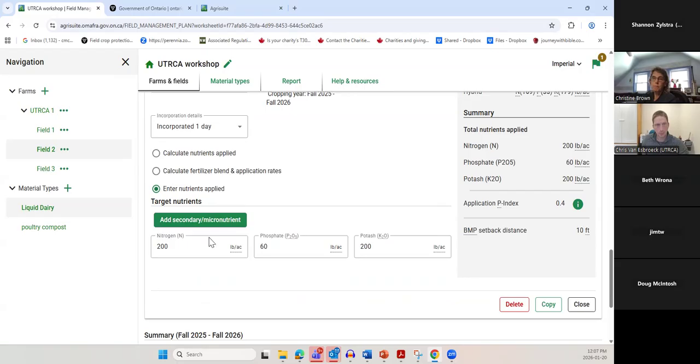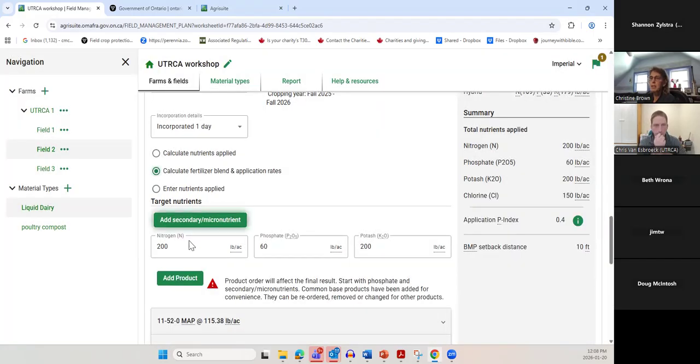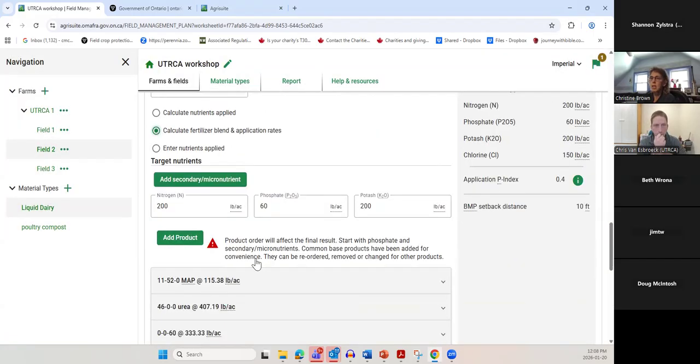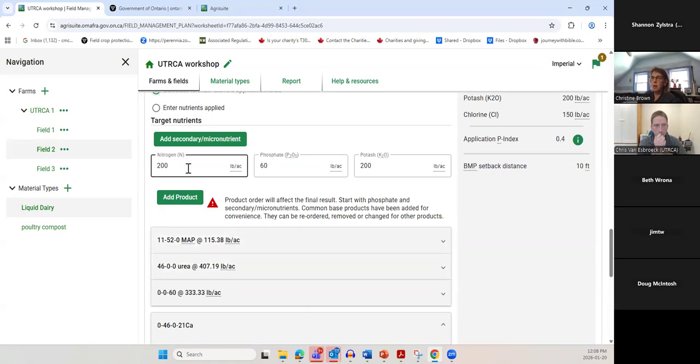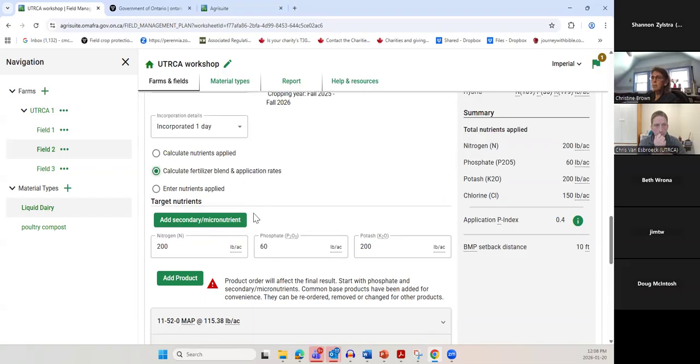That's good if I'm doing just a fast track and I'm putting it all on at one point, depending on what you're trying to do in the program. But I can calculate a fertilizer blend and it's the same thing. I can add the nutrients that I want, then I add the products. The important thing though is I have to add the product first that has the lowest number.